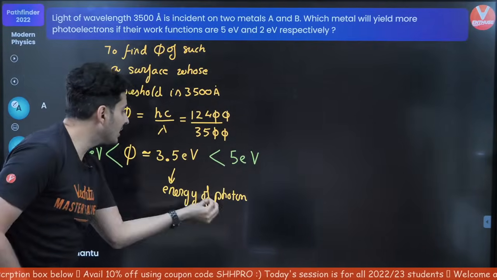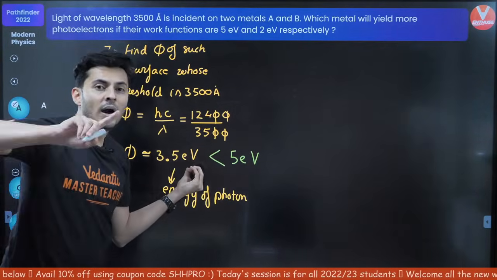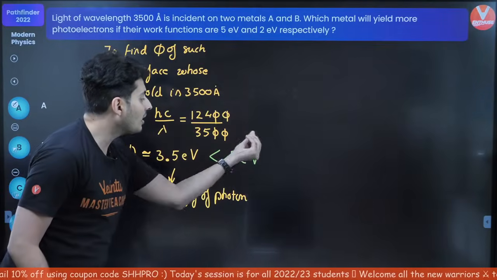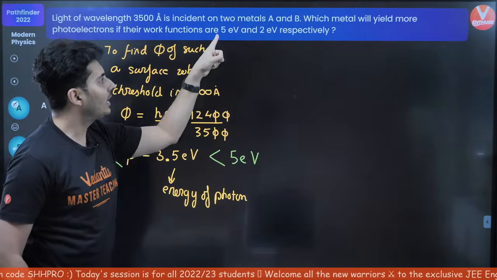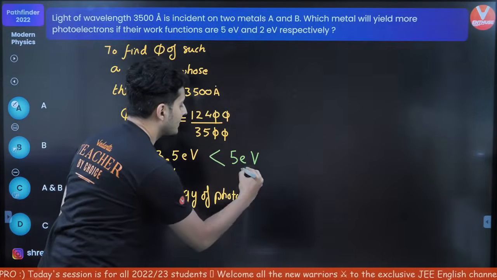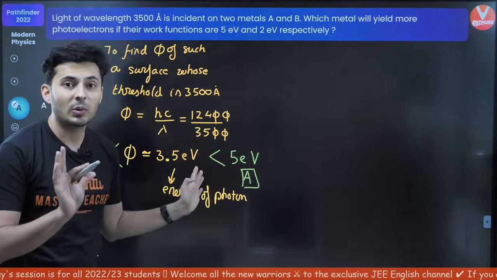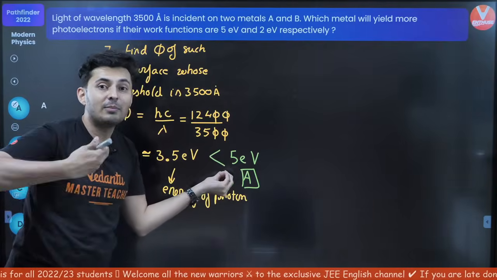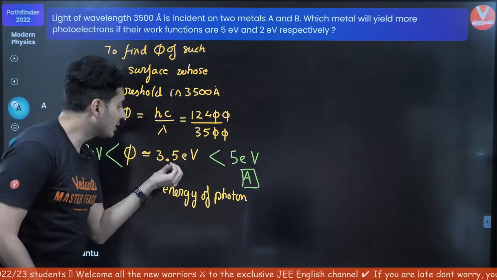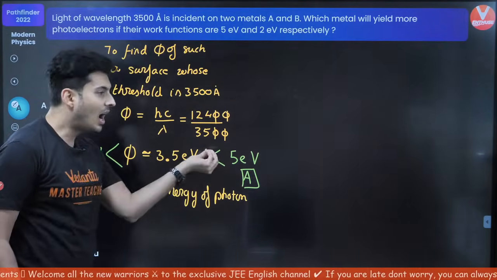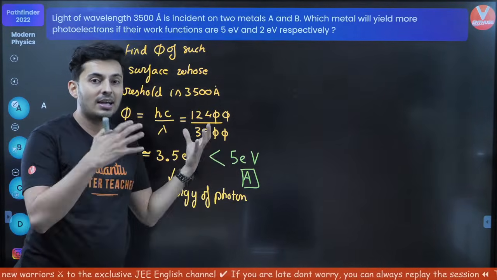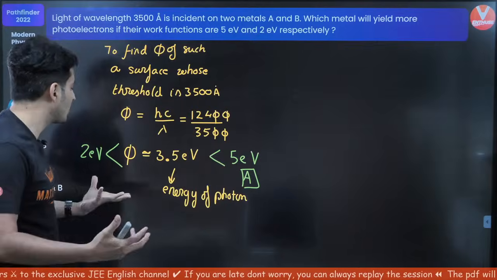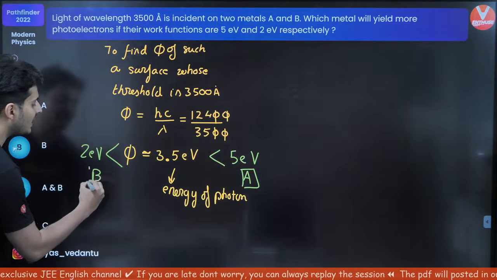Meaning this energy of the photon will not be sufficient to knock out the electron from A. This 5 electron volt, that is A. It cannot knock it out. Why? Because the work function, the minimum energy itself, is 5. The photon's energy is 3.5. How can you knock out the electrons of metals with a 5 electron volt work function? You can't.